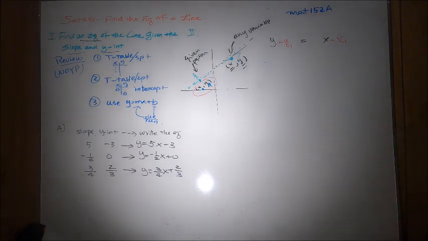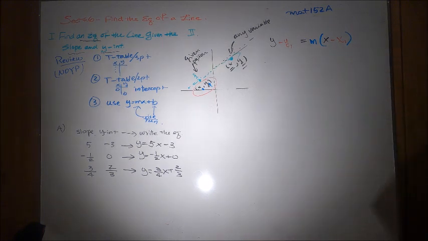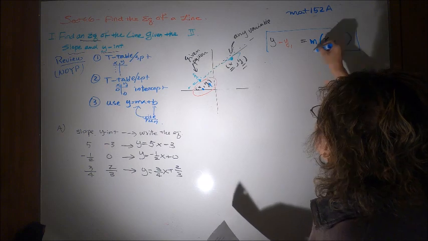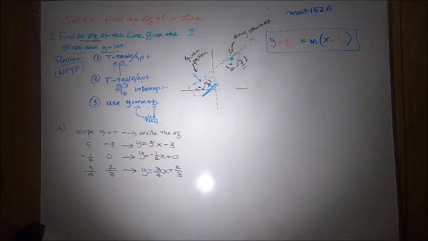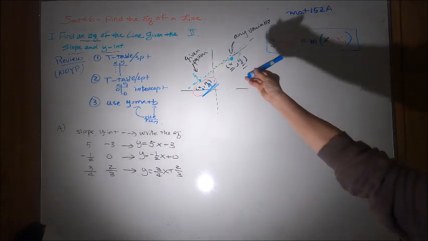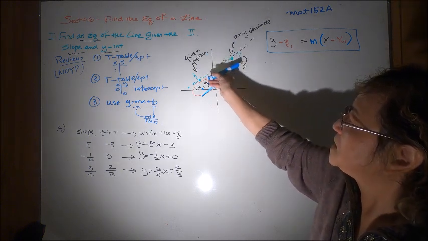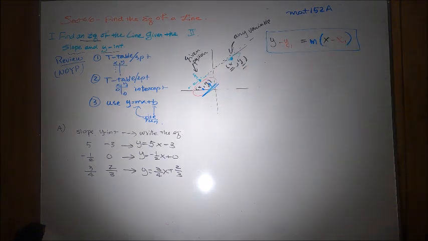So that's how you would do. You will put the slope here. So that will be your formula. If you know a position where you started, we call it x1, y1. And if you know how steep your slope would be, okay, then you can write the equation according to this formula.